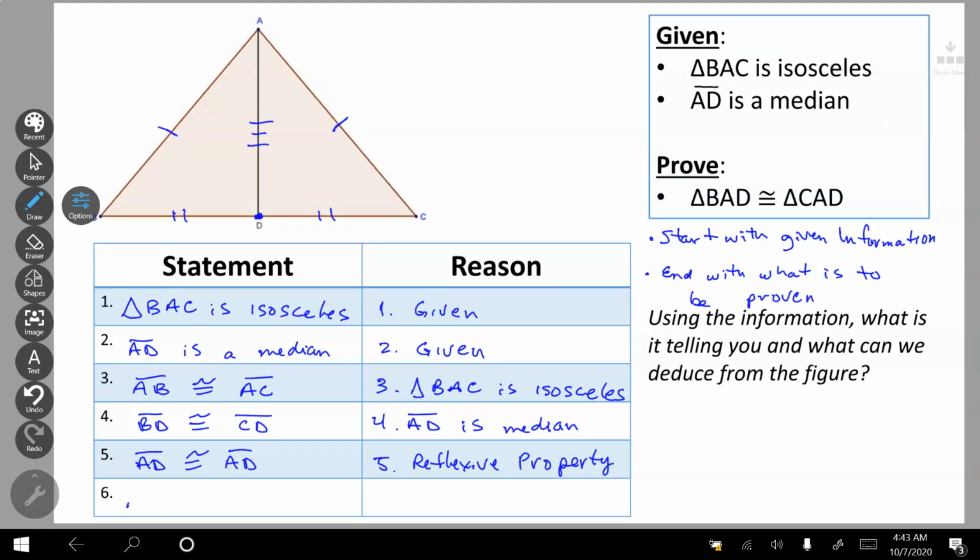Well, I could say that triangle BAD is congruent to triangle CAD because I finally have side, side, side congruency. In triangle BAD, I have 1, 2, 3 ticks, congruent to triangle CAD with 1, 2, 3 ticks.